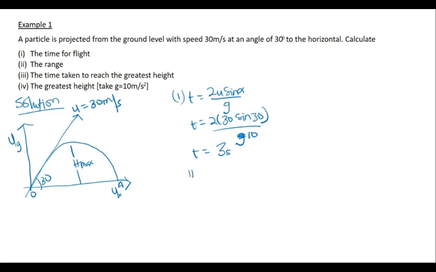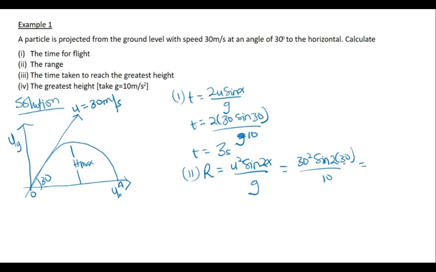So let's go ahead. Now let's find the range. The range r, as we saw earlier, is u squared sine 2 alpha divided by gravity. So this means we have 30 squared sine 2 alpha, which is 2 into bracket 30, all over 10.